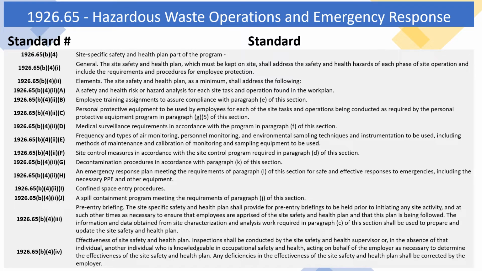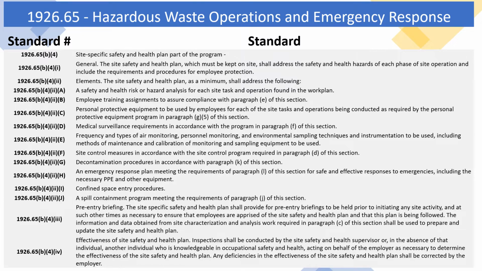(I): Confined space entry procedures. (J): A spill containment program meeting the requirements of paragraph (j) of this section. 1926.65(b)(4)(iii), Pre-entry briefing.